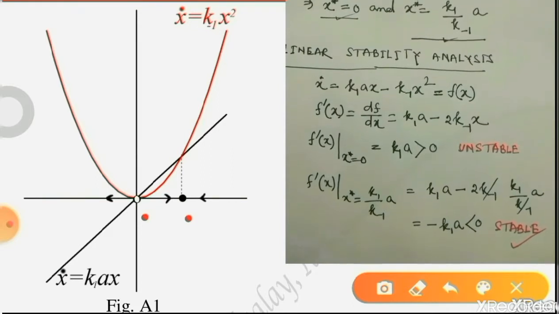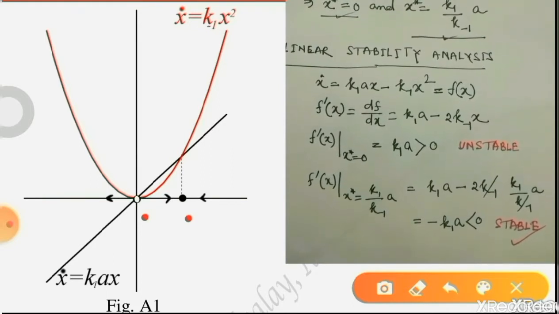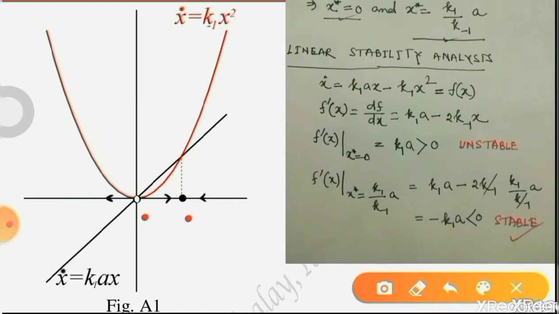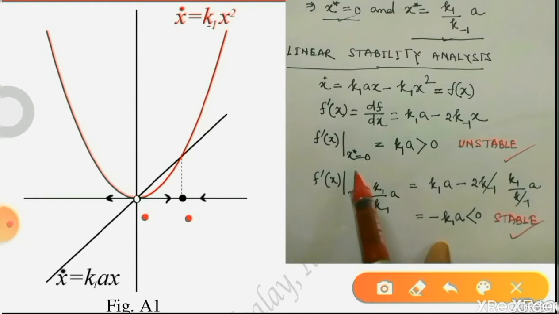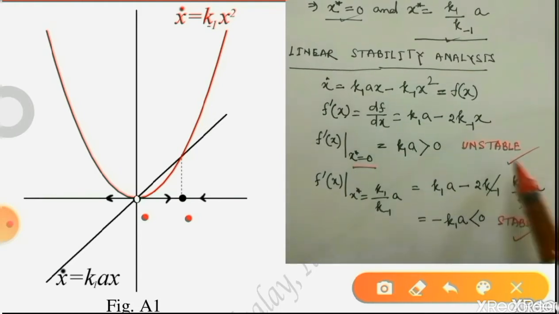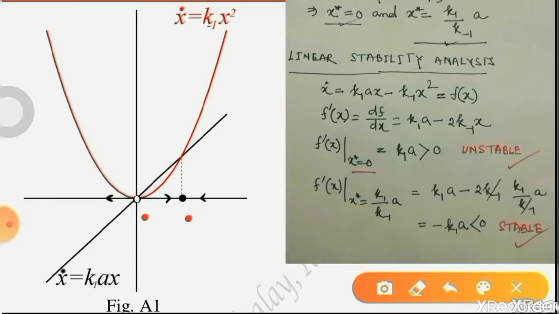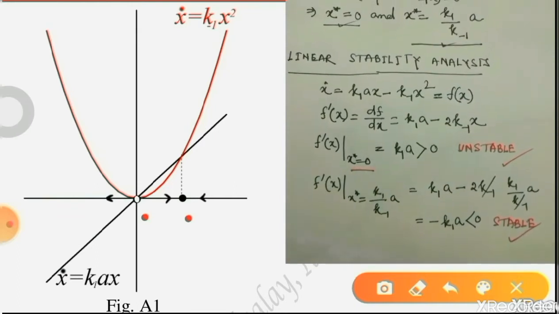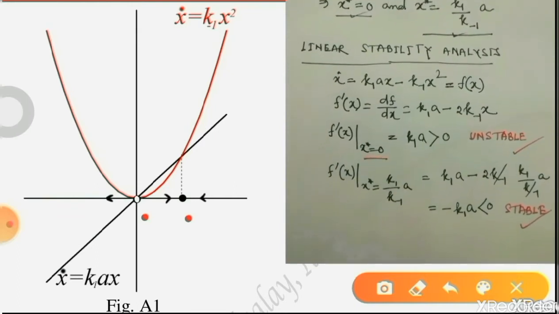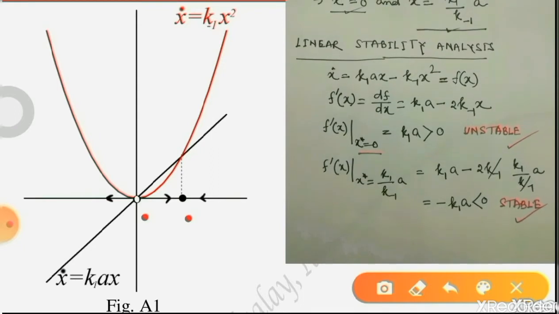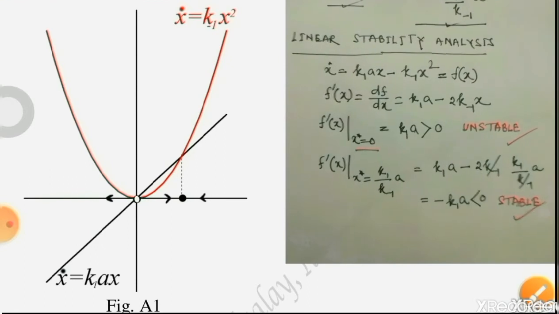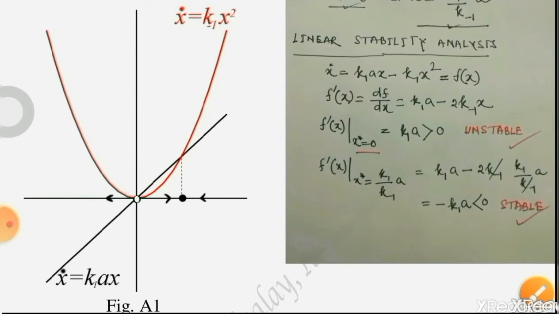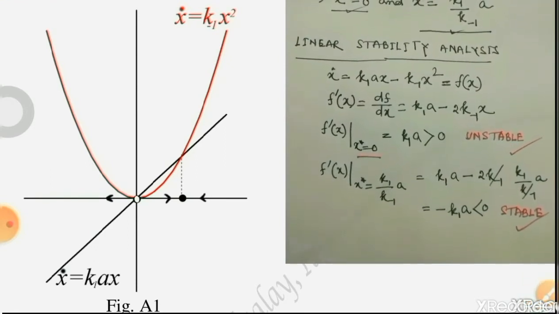Therefore, x equals 0 is an unstable fixed point, which we have also obtained from the linear stability analysis, that is x star equals 0 is an unstable fixed point. So, in this way we can also explain the stability of a fixed point by drawing the phase diagram or by looking at the vector field.